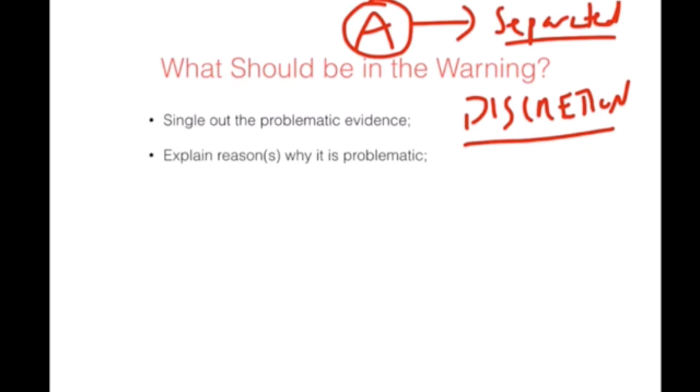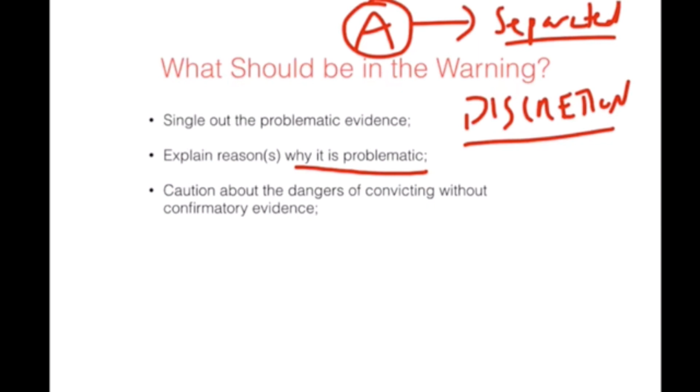I said earlier that this is about providing the jury with context about why this evidence might be problematic, and that's what the second part of the warning is. You've got to explain to the jurors the historical factors that make us cautious about accepting evidence from witnesses of these types.